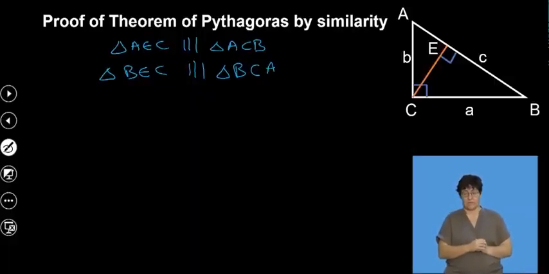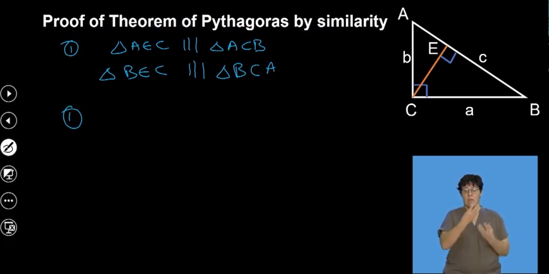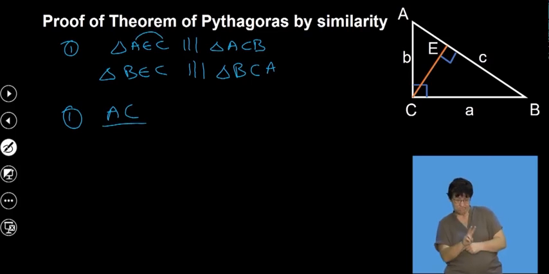So, in the first scenario, which I will call number one, if I have AC over, so AC must go with AE in the very same triangle, because I'm trying to look at the side AE.